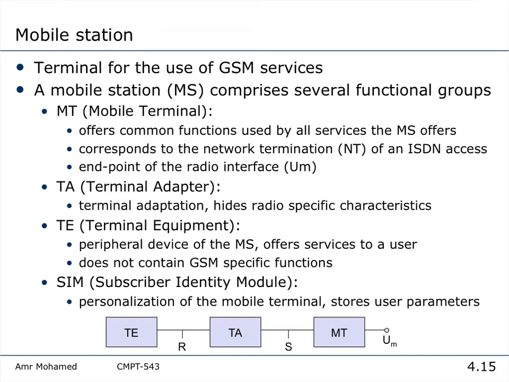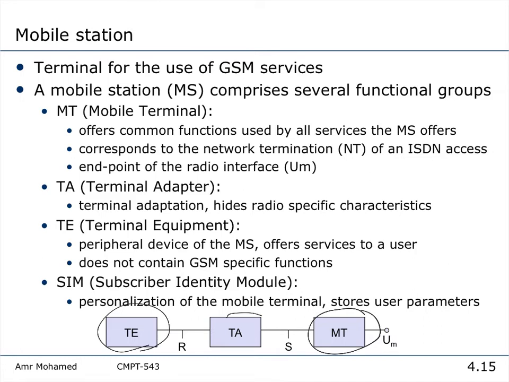Okay. So we have the mobile station. The mobile station, we have divided it into two parts. Now it's further subdivided into three parts. We call this the terminal adapter, which is sort of an interface which hides all the radio aspects in this mobile terminal from the application level services.